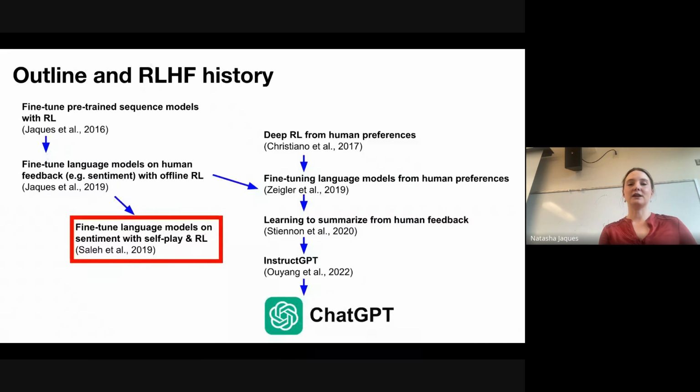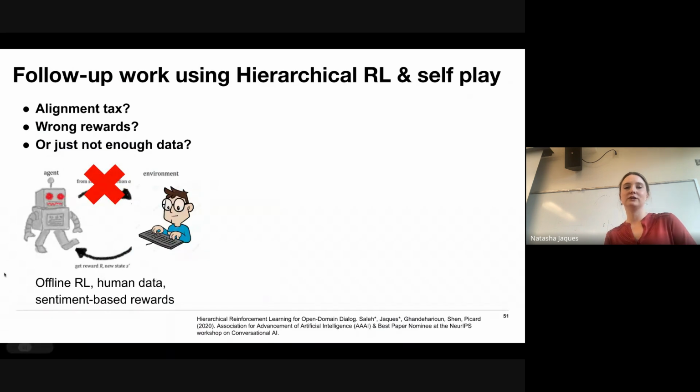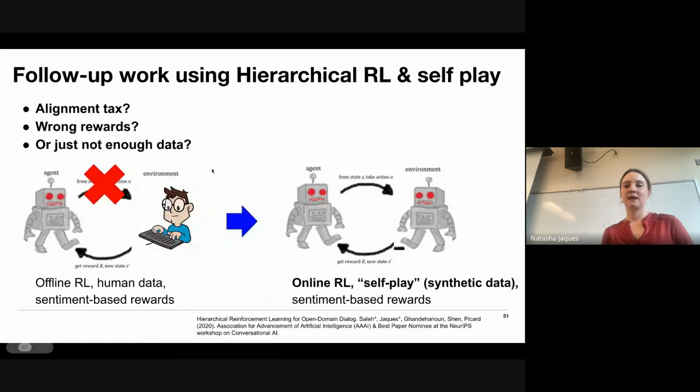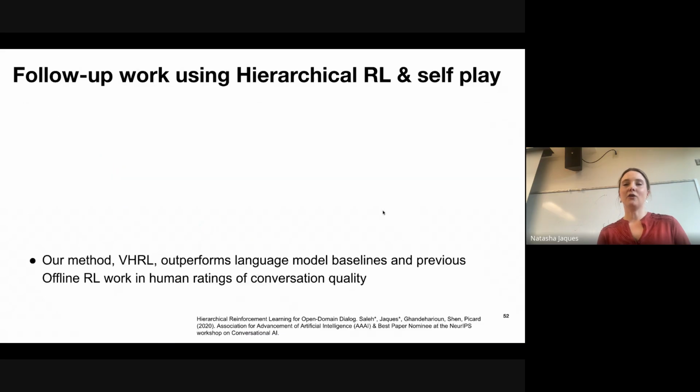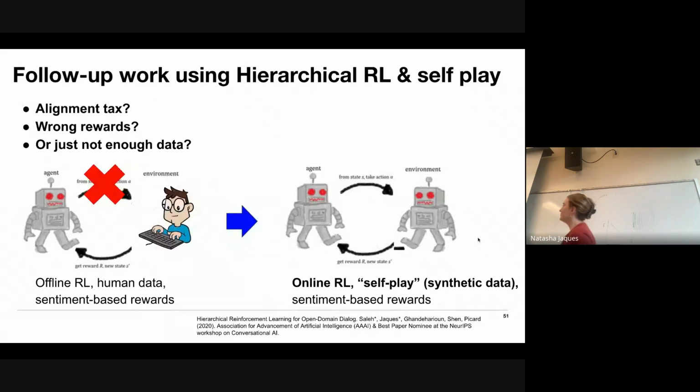I also think it was because we were using offline RL. Offline RL is actually really, really hard to get working. We're using a Q-learning based approach here. Online RL lets you use something like PPO. So what we did was we set up a self-play setup where we had all those same rewards computed by another LLM answering.